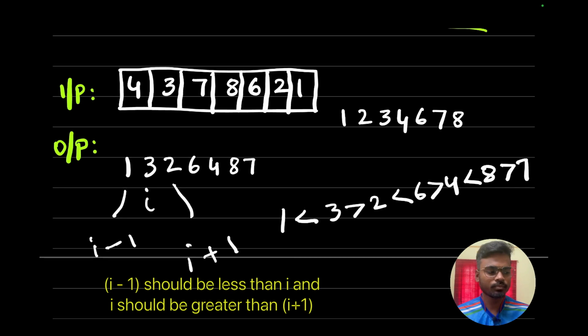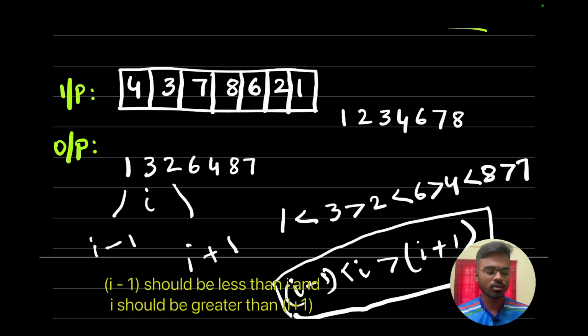So any ith element in the zigzag array satisfies the condition that the I minus 1 element is less than I and the I plus 1 element is greater than I. If you take any element excluding the first and the last, all the other elements have this condition. So this is the condition for the zigzag array.